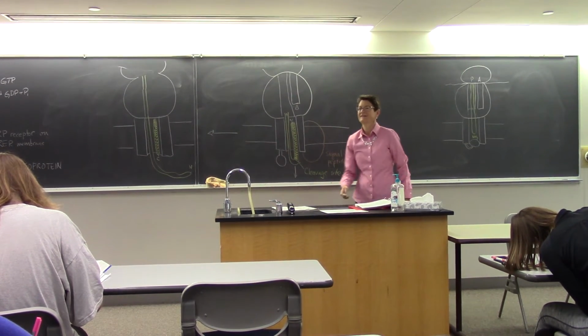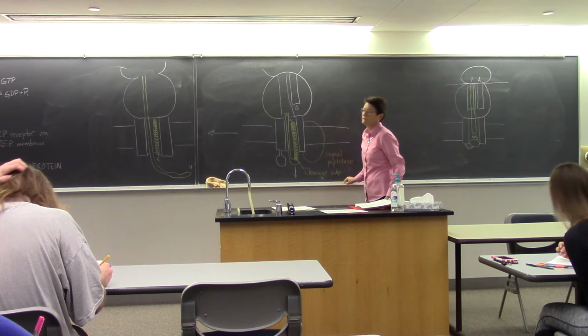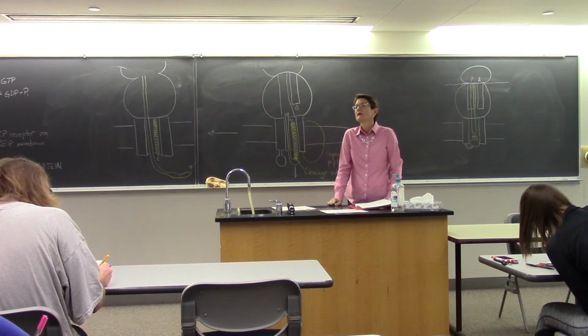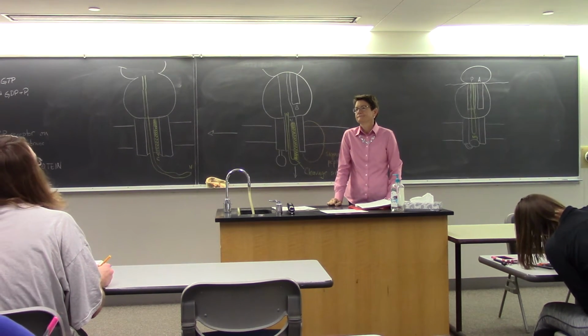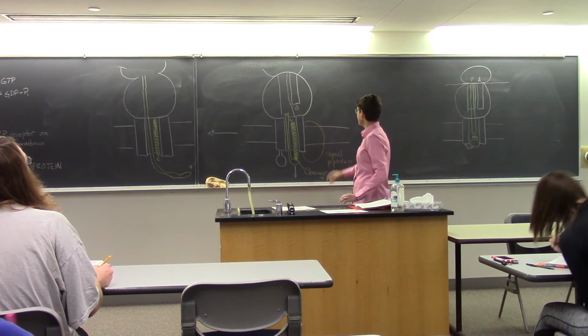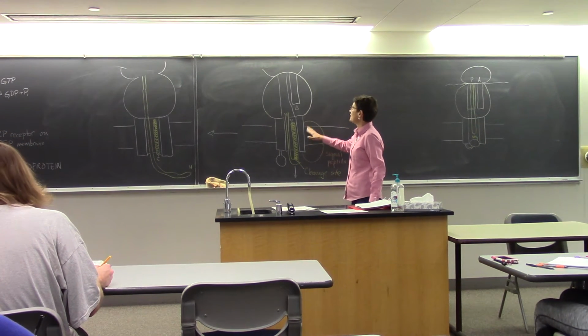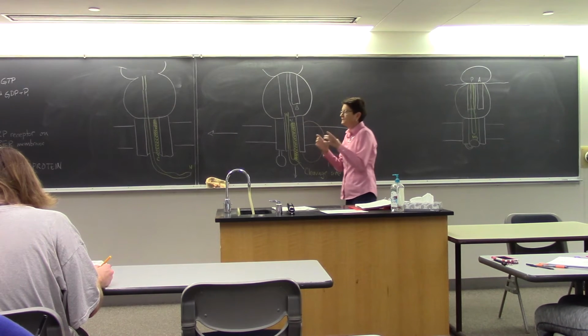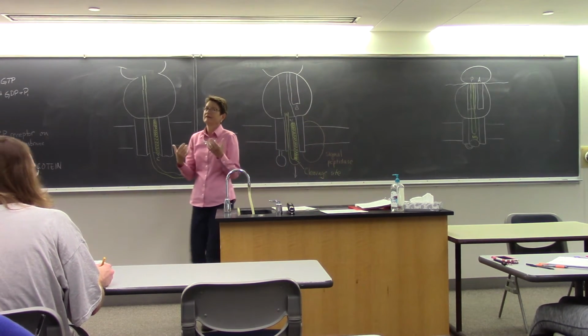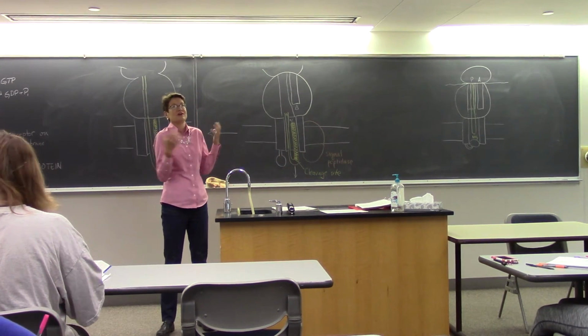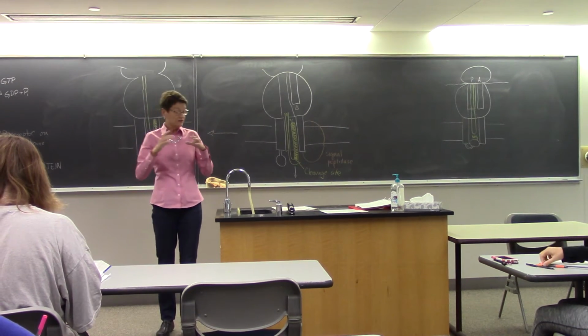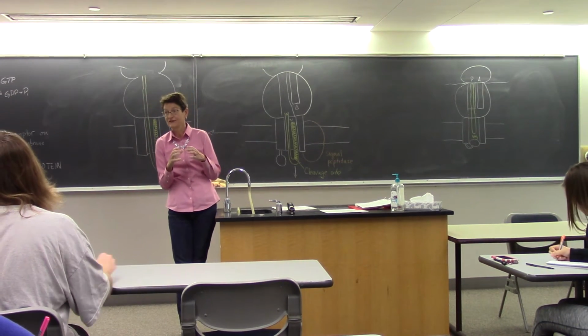Okay, yeah, Carly. Is the signal peptidase always on the membrane, or is it just when it opens the translocon that it comes to? Oh, no, it's always here. What I have a hard time picturing until I remind myself that these are just cartoons is that there's 360 degrees of translocon.